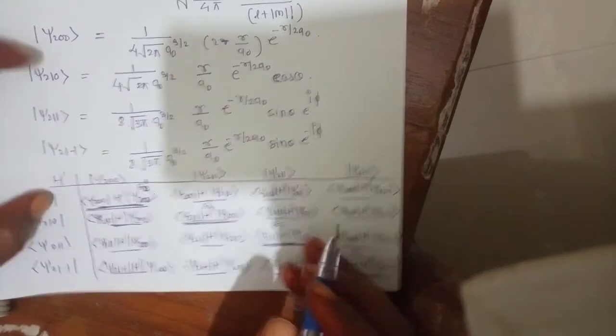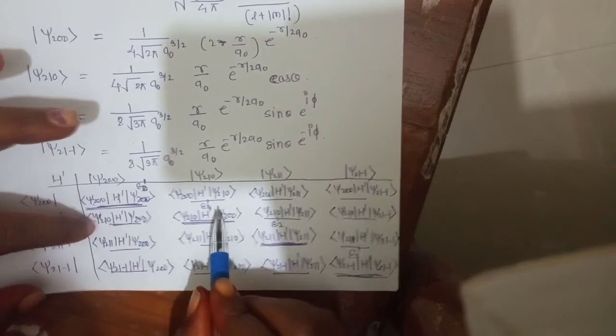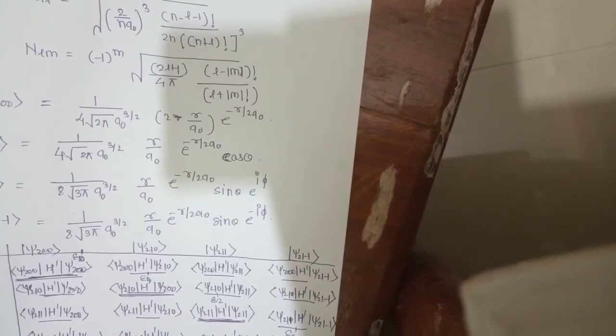If you calculate the off diagonal elements, I will show you how to calculate first. After that I will take it directly. Okay, first we understand all diagonal elements are 0.